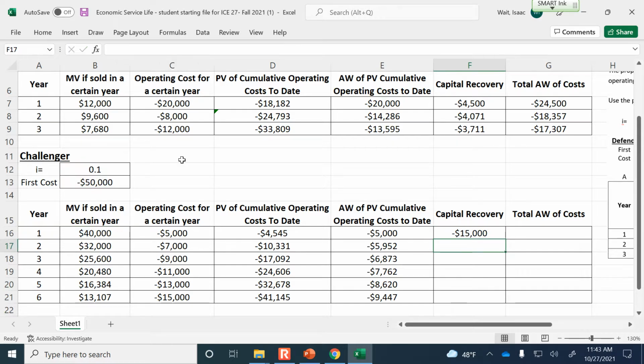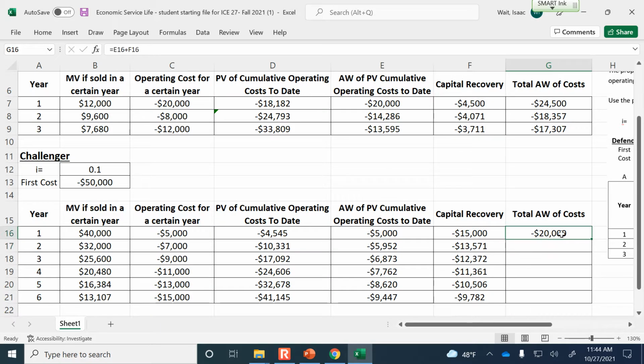So what it means is if we only own it for a single year, our capital recovery cost is $15,000. And we drag it down. And then total costs are operating plus capital recovery.